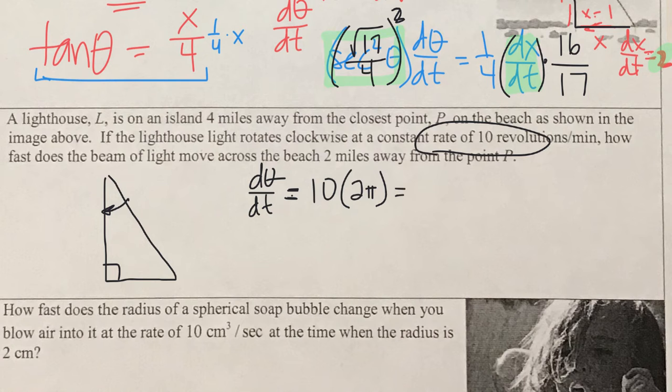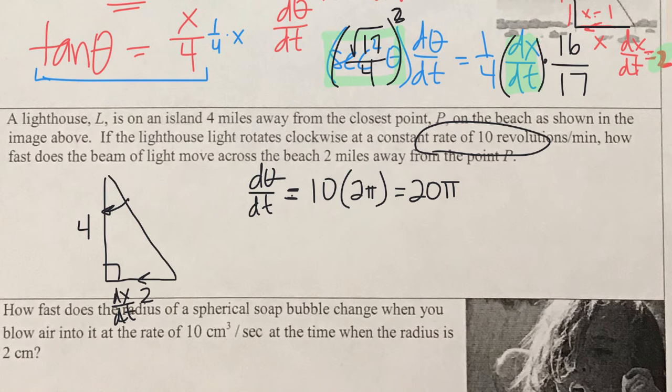So our angle is changing at 20 pi per minute. So the beam is rotating, our angle is changing like that. We're still 4 miles away, and we're still coming across at 2. So dx/dt is still 2.